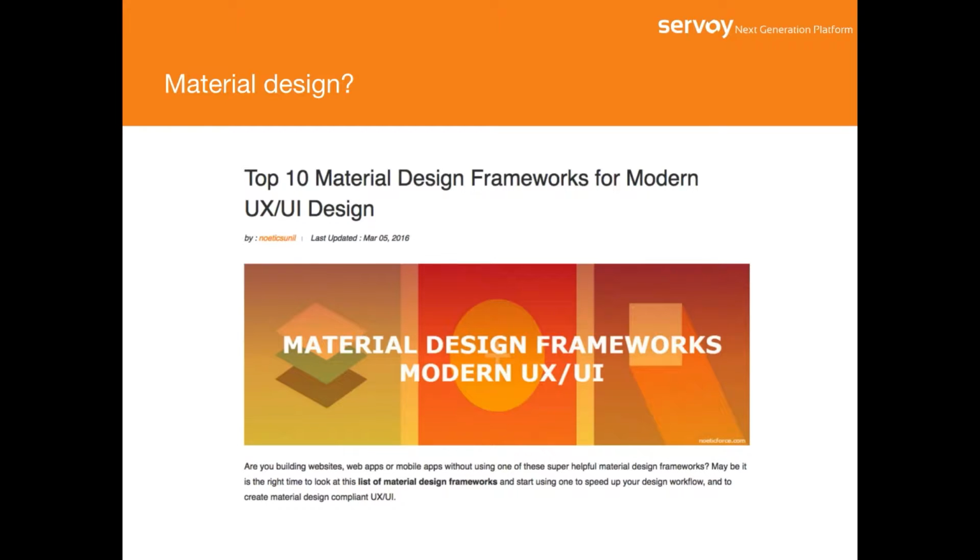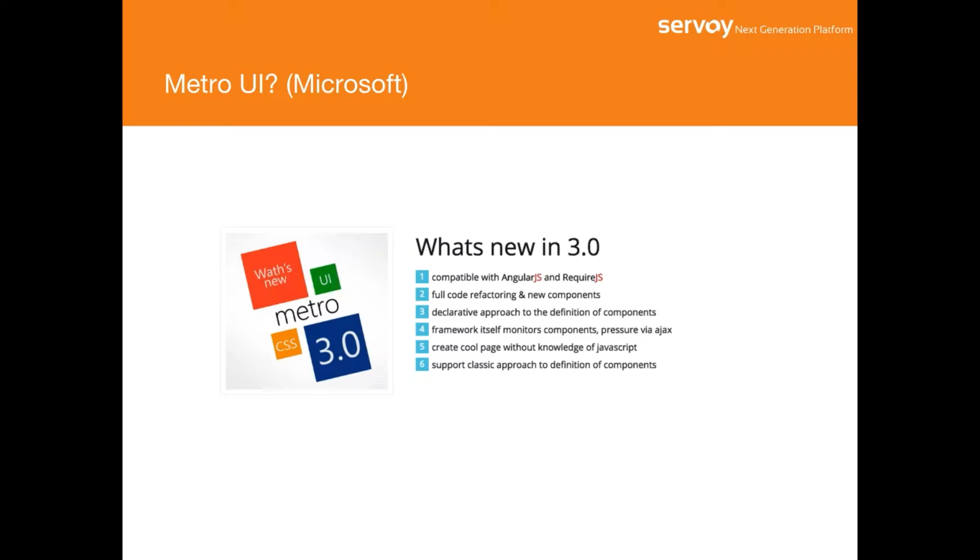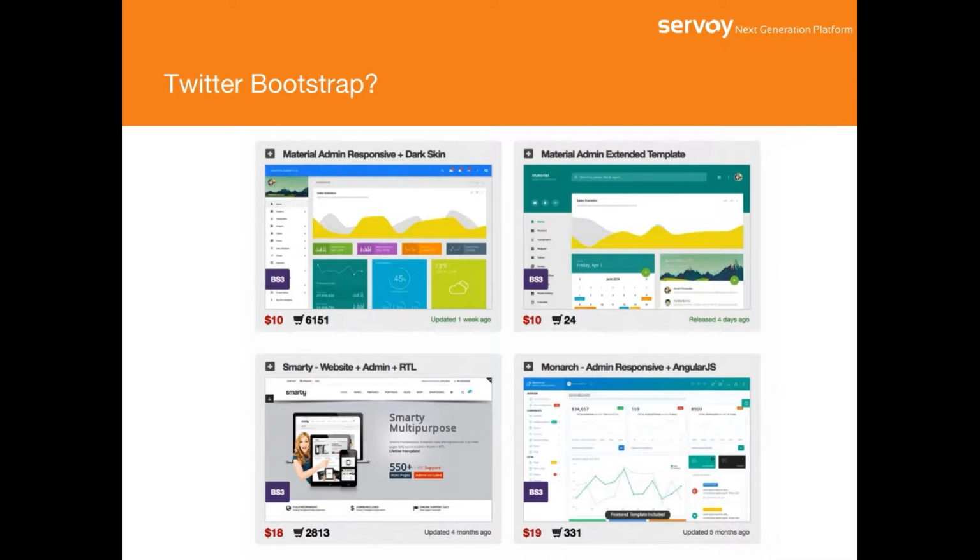Even if you just zoom in on material design, which is only one of the UI types of frameworks that you can use, there are even top 10s written out there on the web on which frameworks you can use. But then there's also obviously Microsoft and myriads of other frameworks that you can use to develop the user interfaces for your applications.